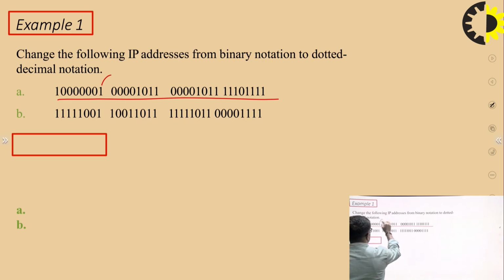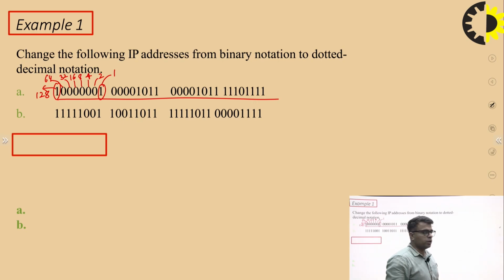This is 2 raised to power 0, that is weight 1. This corresponds to weight 2, then 4, 8, 16, 32, 64, and this one corresponds to 128. So we can see that there is a 1 at weight 128 and weight 1. So this becomes 128 plus 1, 129.